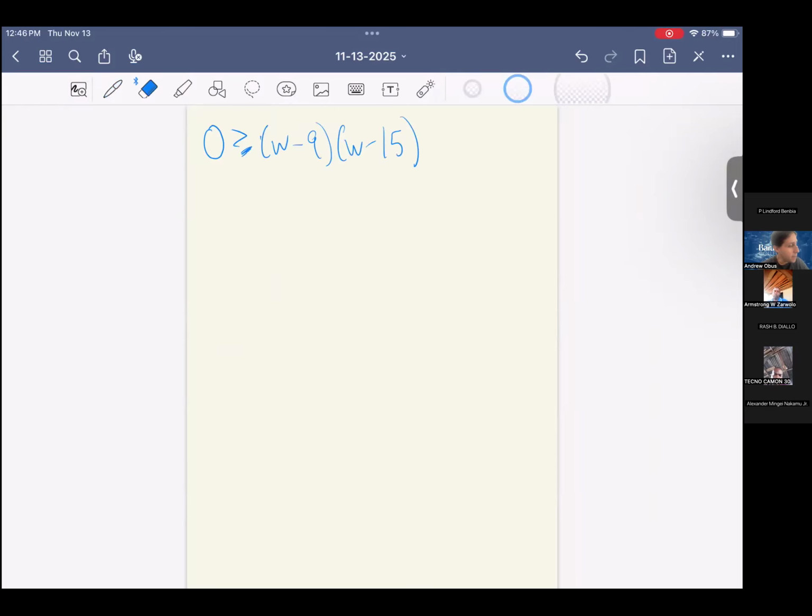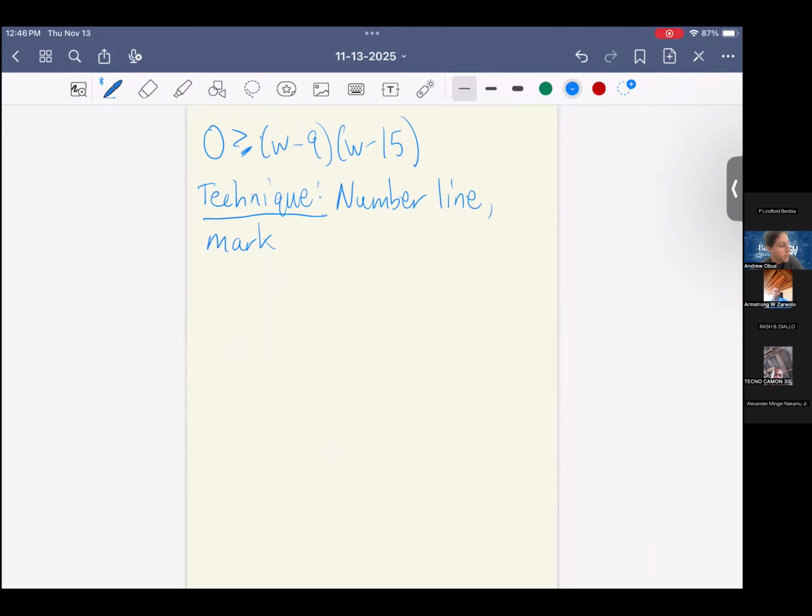Okay, and the technique that I like to use here is to use the number line. And with the number line, I'm going to mark the equality solutions. Okay, so I'm going to draw a number line here. I'm going to mark the solutions where you have equality.